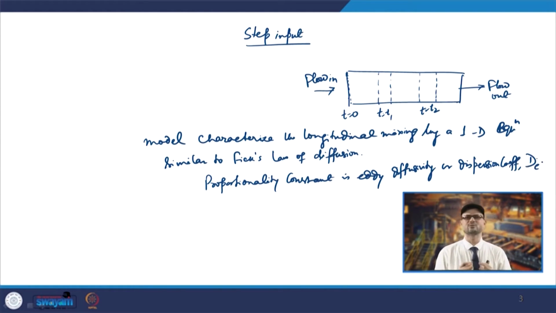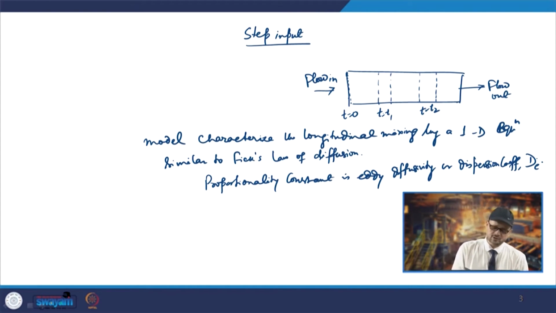So, whatever constant of proportionality we use is known as the dispersion coefficient, and the dispersion of this tracer in the continuous flow system will result because of this eddy diffusion as well as the bulk flow.